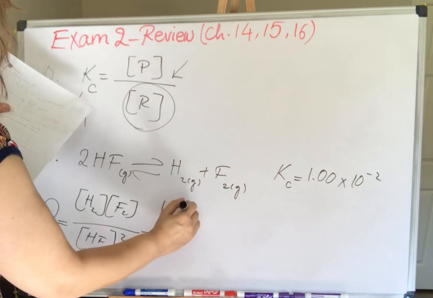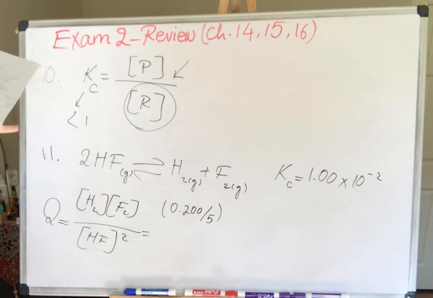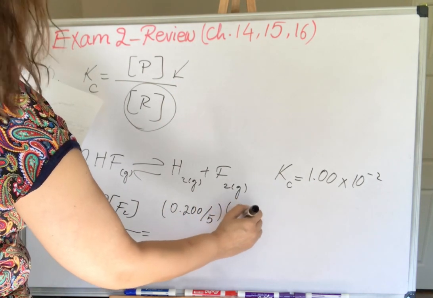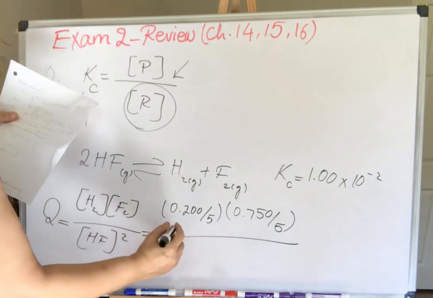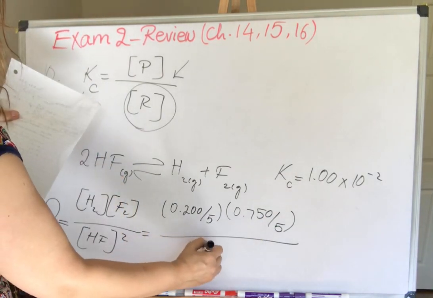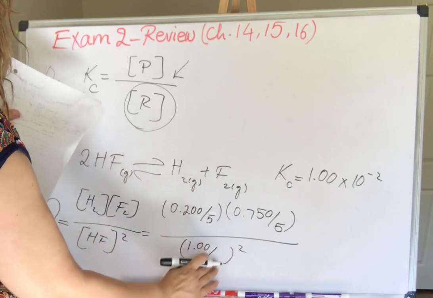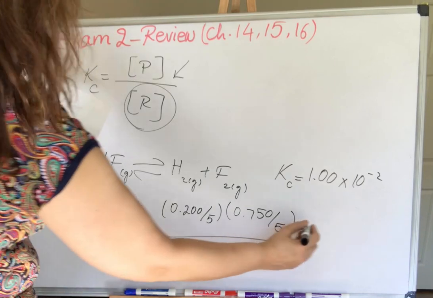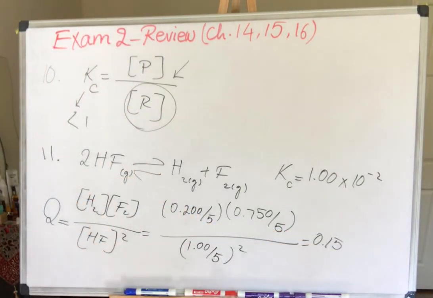So you have 0.200 divided by 5 for H2, and you have 0.750 divided by 5 for F2. For HF, you have 1 divided by 5, squared. Then it gives you Q, which is going to be 0.15. So you will choose B.